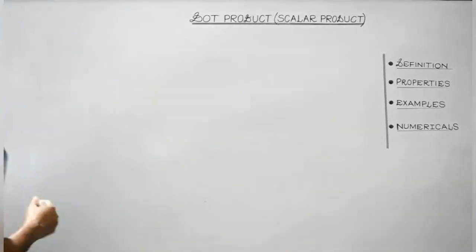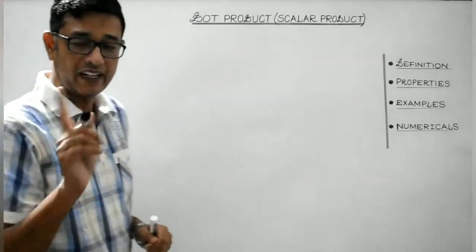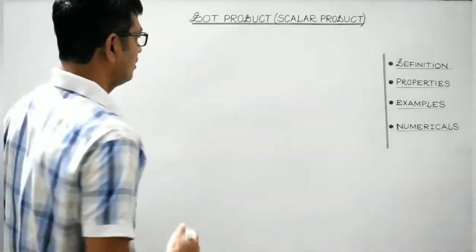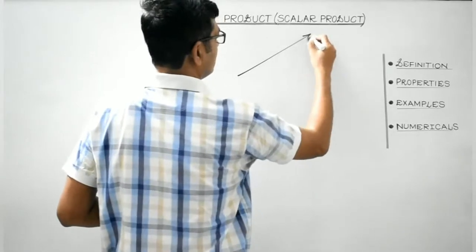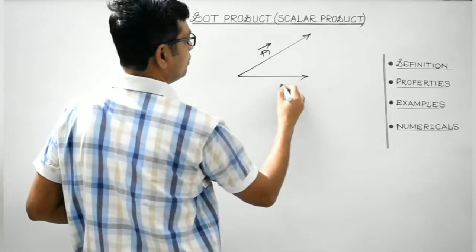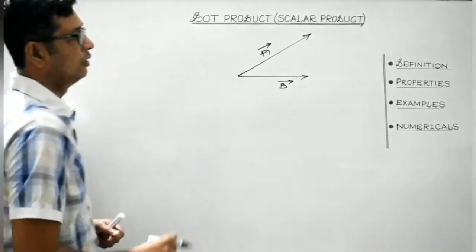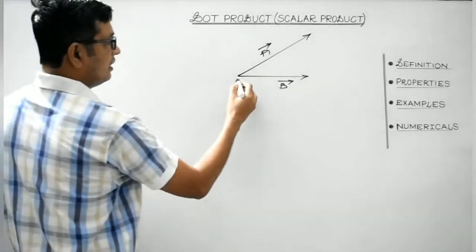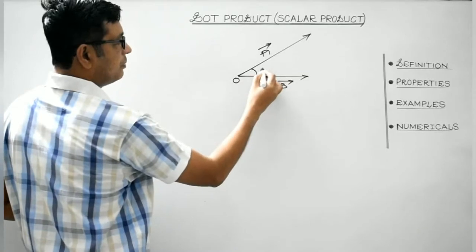So, dot product of two vectors, A vector and B vector. Suppose these are the two vectors. This is A vector and this is, suppose, B vector. And let us consider the angle between A vector and B vector be theta.